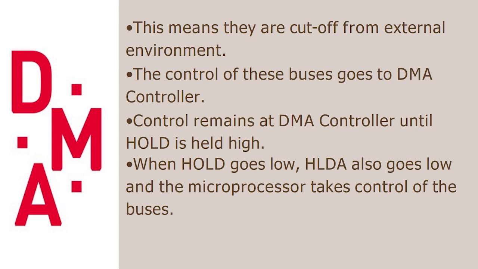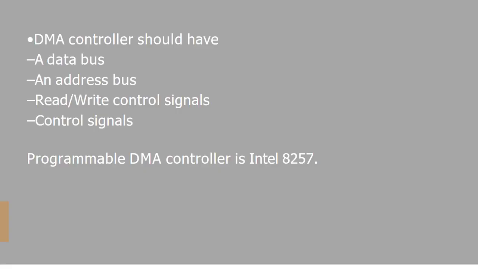So once the data transfer completes, HOLD goes low; once HOLD goes low, HLDA also goes low; once it goes low, the microprocessor takes charge. This is the concept used in DMA.